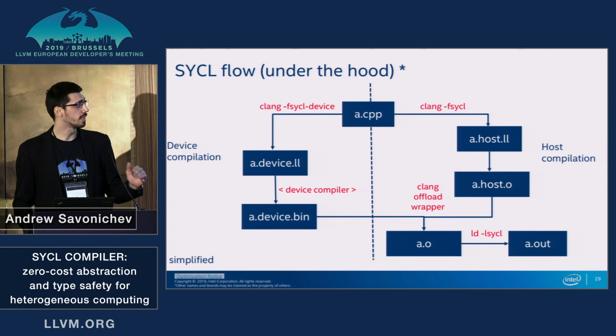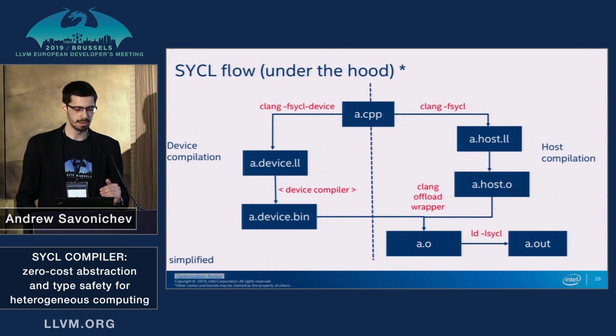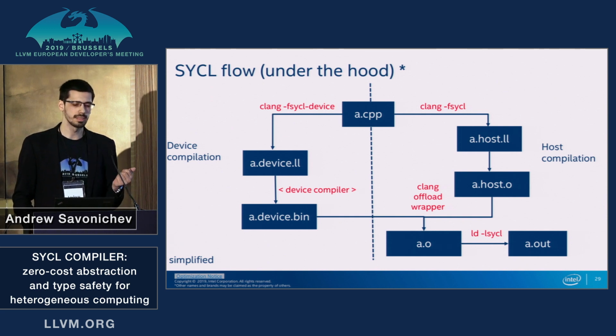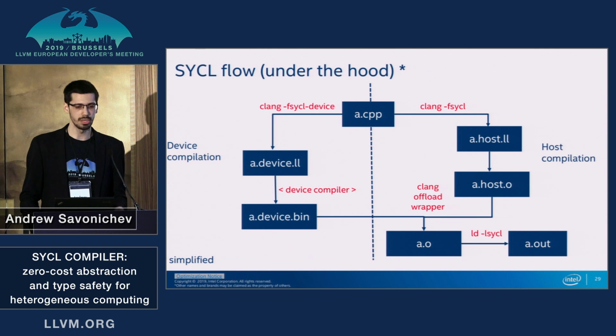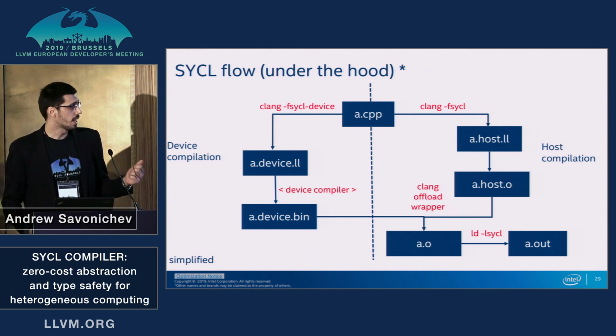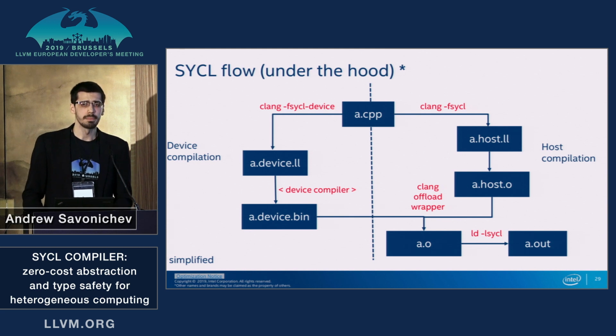So we will leave only device code in the device LLVM IR, and then we invoke the compiler that is specific for your device that allows you to compile LLVM IR to whatever device you use, like GPU or any other device, CPU maybe. So you get a device binary from device compilation.